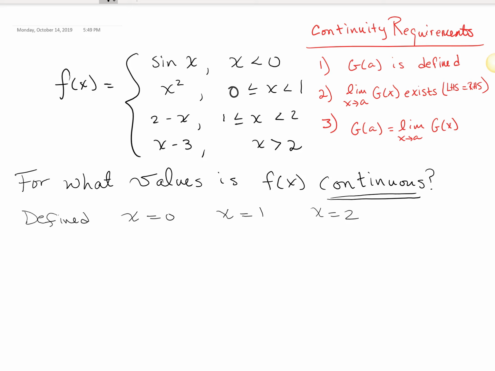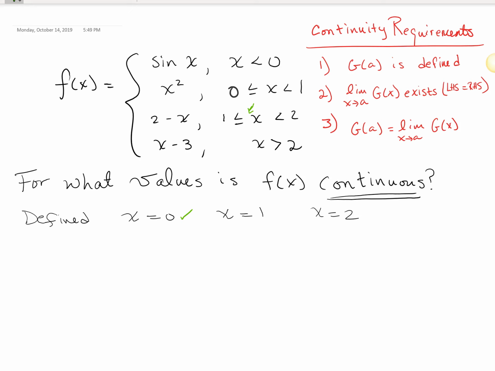And if you look at it, it is defined because if you look right here, and let me try to switch color for you. If you look right here, it's defined there because you have a less than or equal to. All right, so it is defined there at 0. Now let's check 1. Well, if I look at 1, I see it's less than or equal to right there.